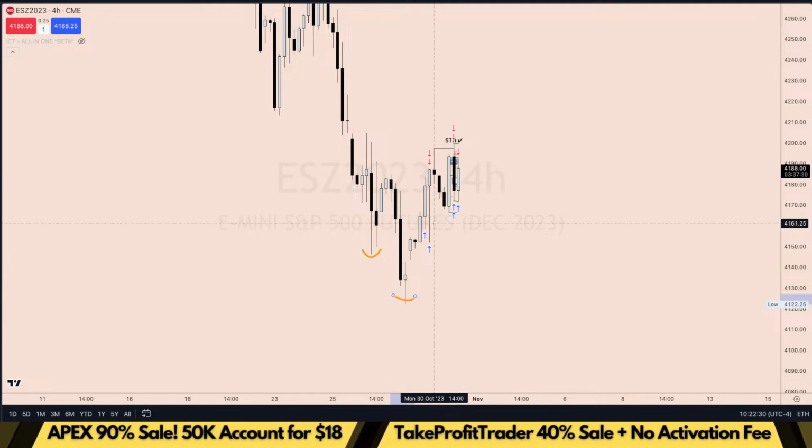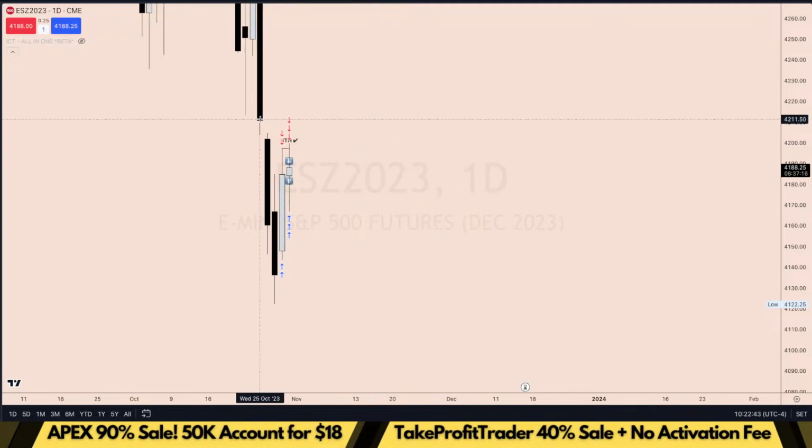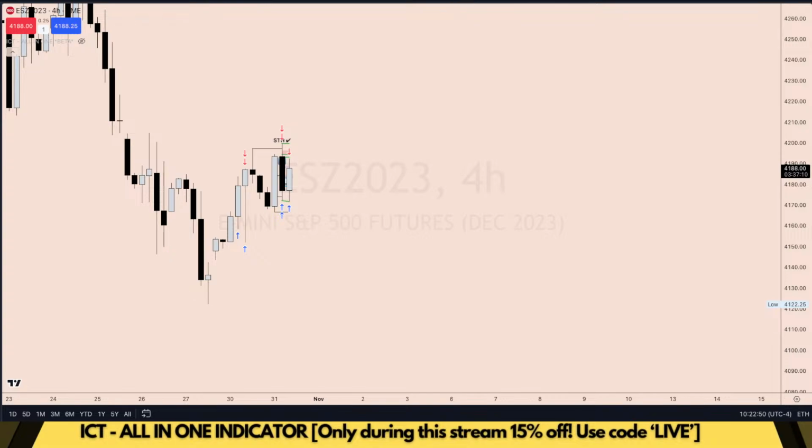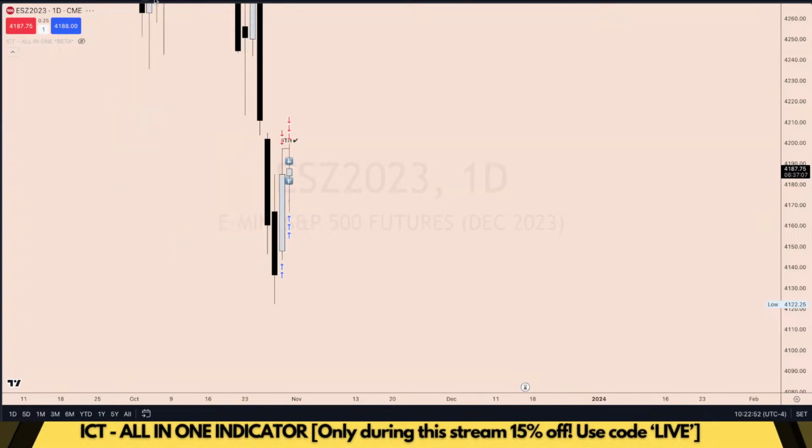Head and our right shoulder. Could see a retracement lower. We have our neckline up here. We have our daily bearish fair value gap and the old new day opening gap or daily volume imbalance up here as well, paired with a daily bearish fair value gap.